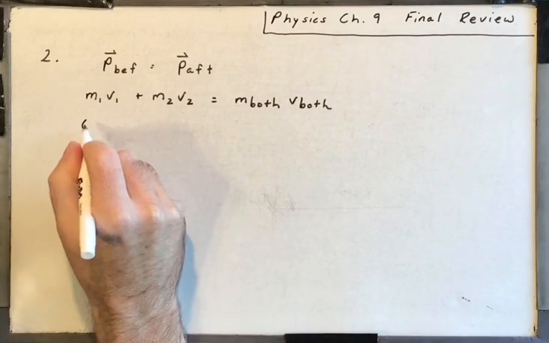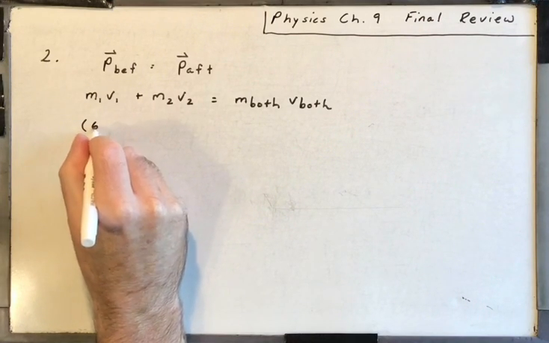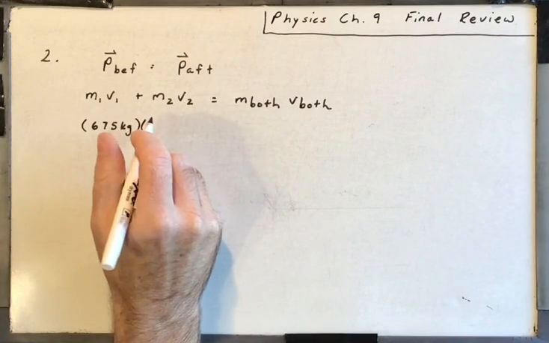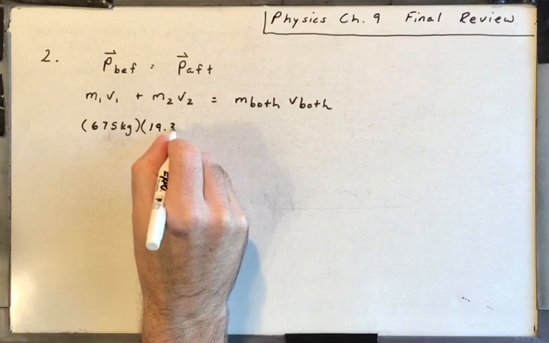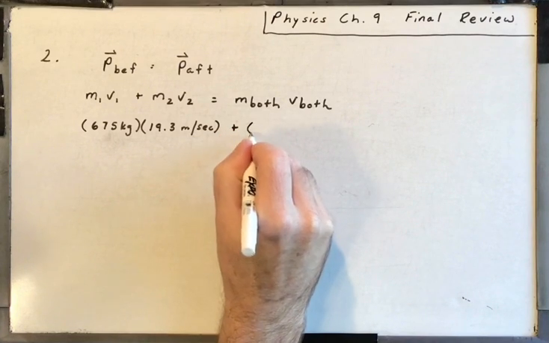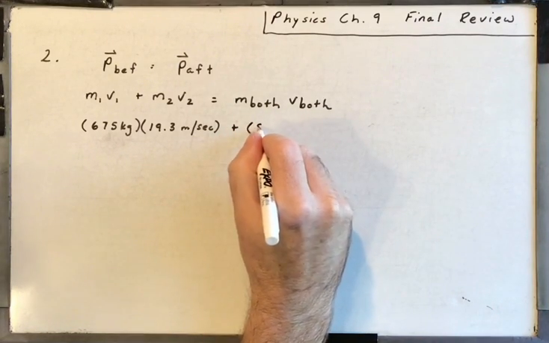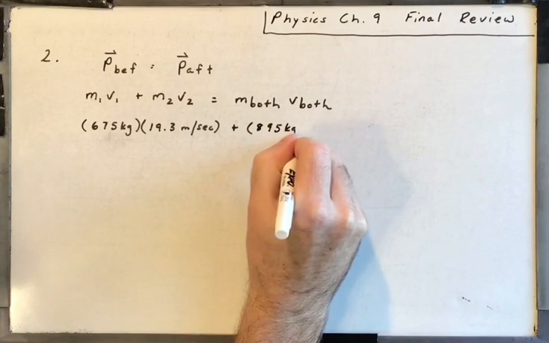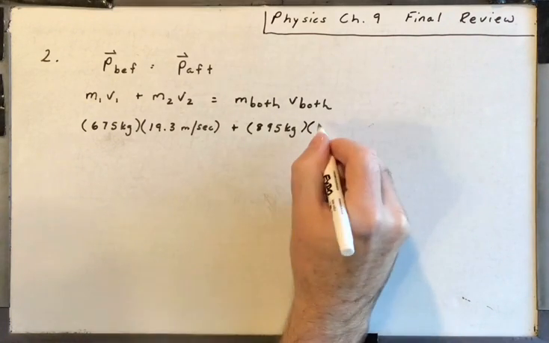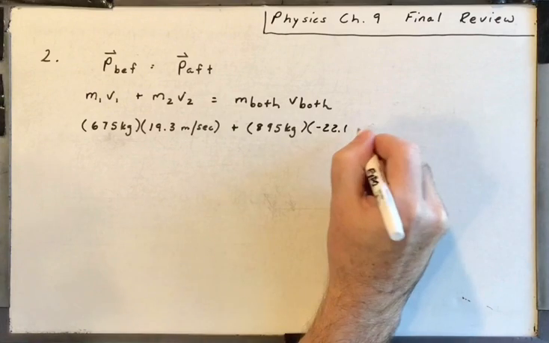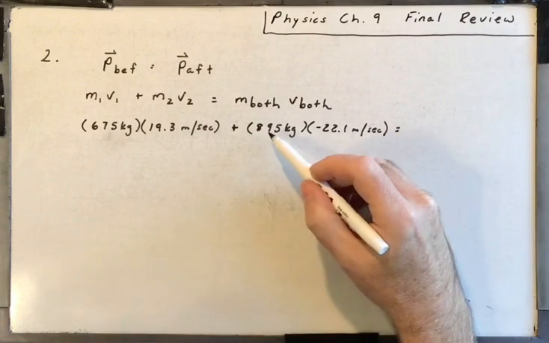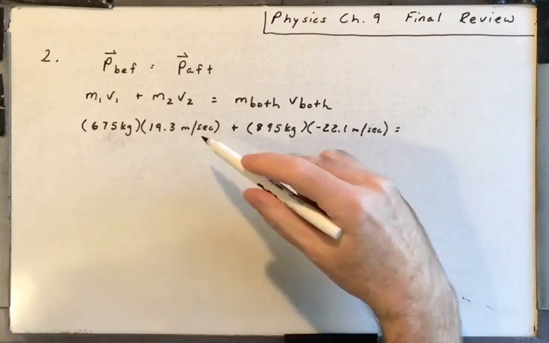All right, the mass of car 1 is 675. Velocity of car 1 is 19.3. The mass of car 2 is 895. The velocity of car 2, it's going in the opposite way, so minus 22.1. That equals the mass of both, so that'd be 675 plus 895, right?